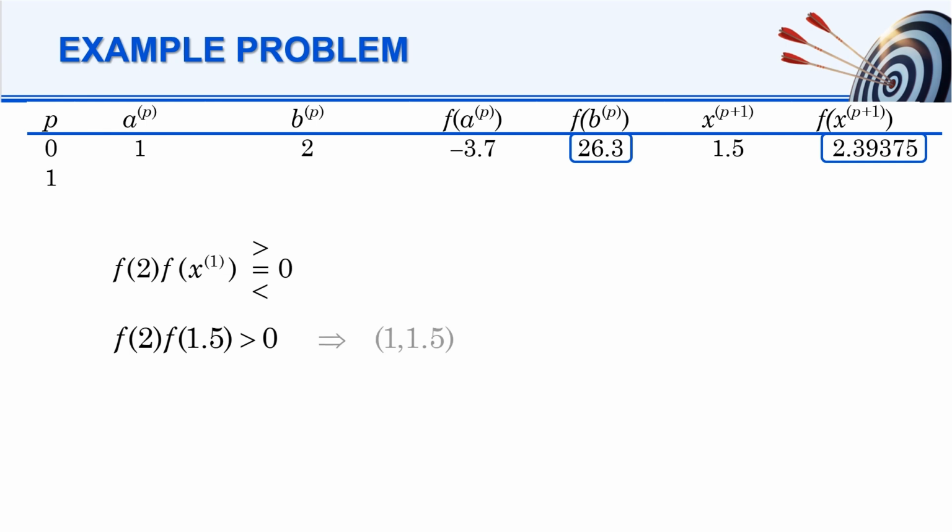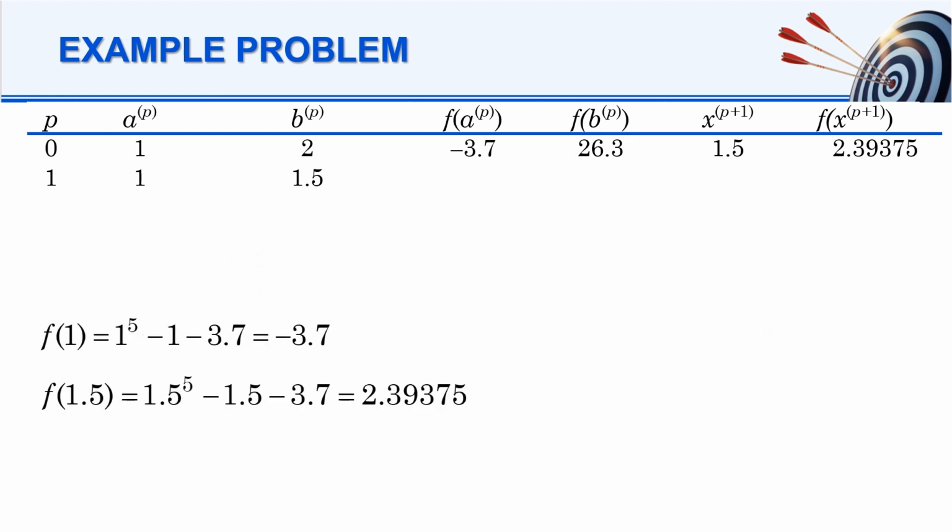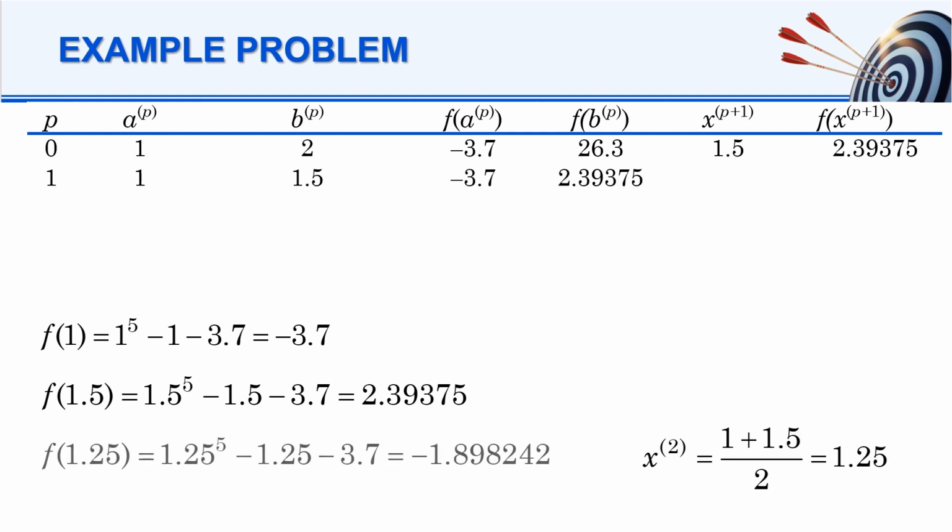The search interval is updated as a1 equals 1 and b1 equals 1.5. We had already calculated f1 and f1.5 in the prior step, so there is no need to recalculate these quantities. The midpoint is 1.25, and the function takes the value of minus 1.898242.